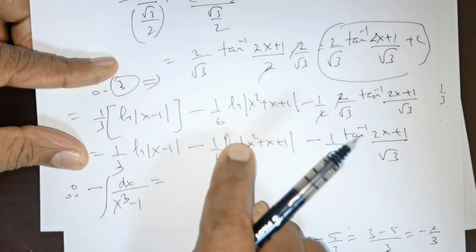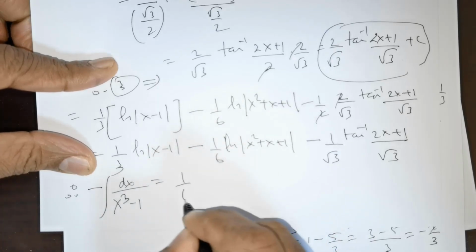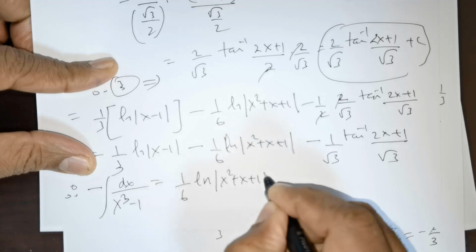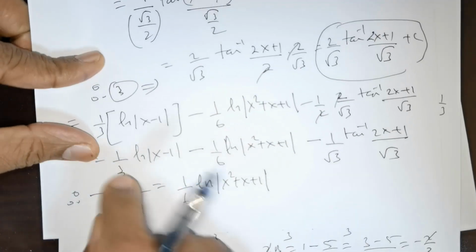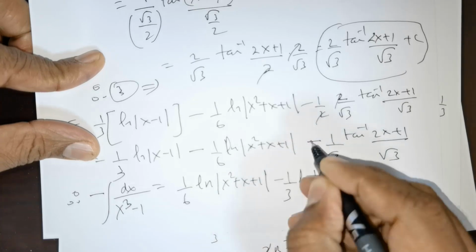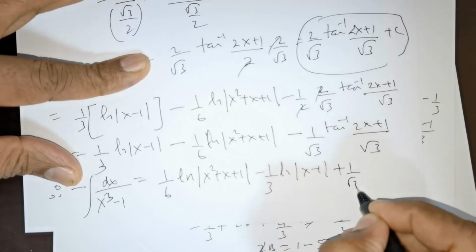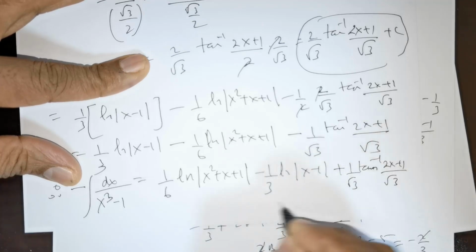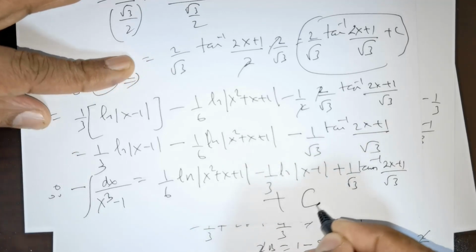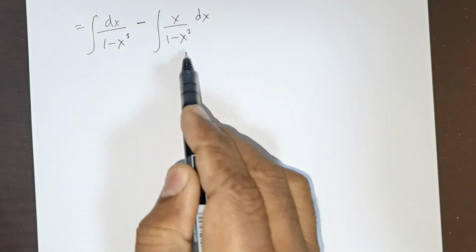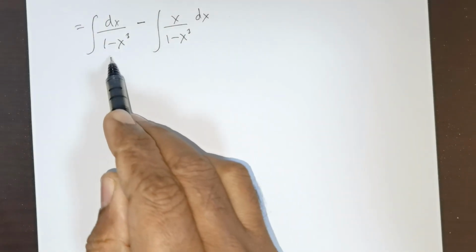So I start with this term, it's going to be 1 over 6, positive ln modulus of x squared plus x plus 1, and this is going to be negative 1 over 3 ln modulus of x minus 1, and this is positive 1 over root 3 tan inverse of (2x plus 1) over root 3, plus arbitrary constant c. Okay, so we have reached here and I have shown you how to integrate this.